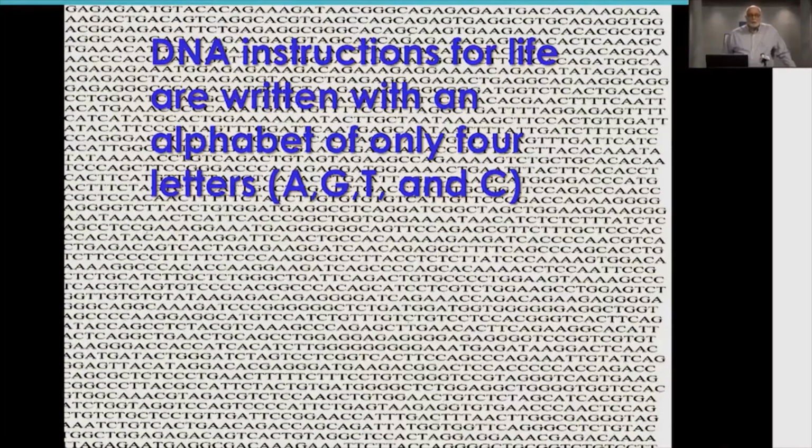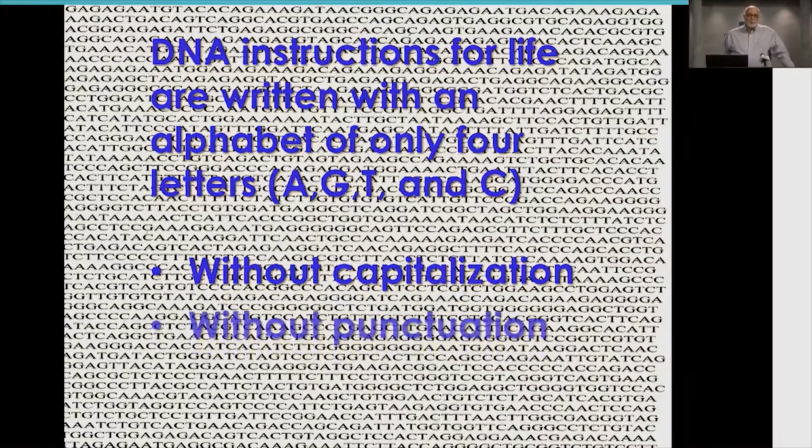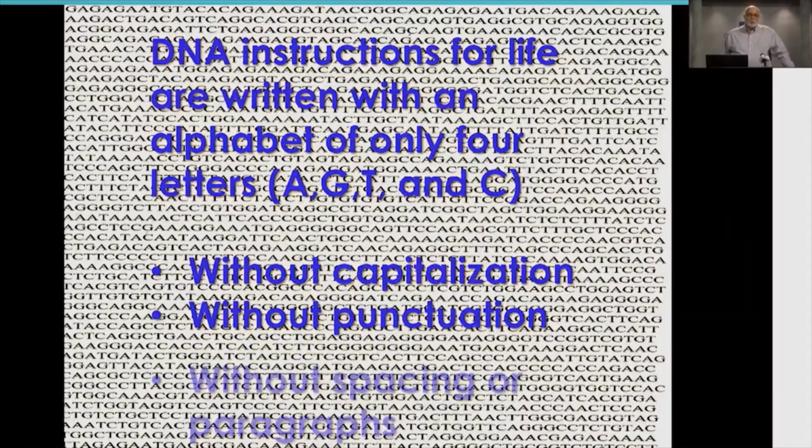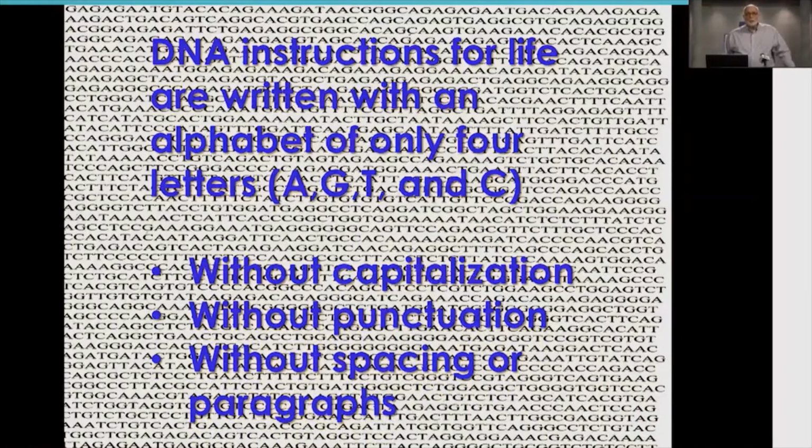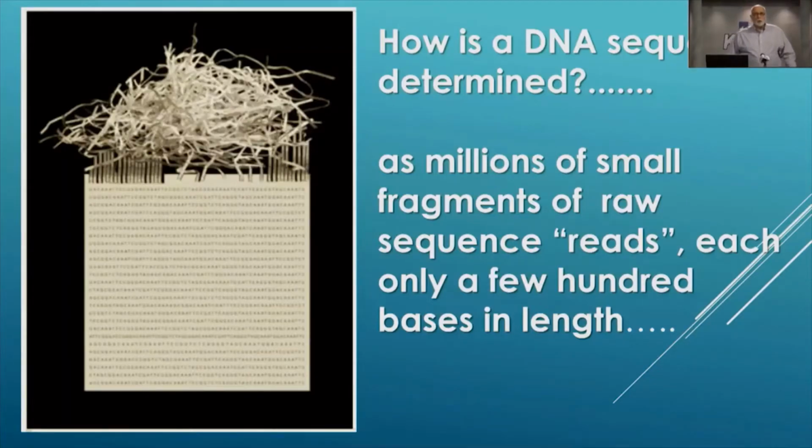The reason for that is these four bases, the A, G, T, and C, represent the alphabet of the genetic code, but they're written without capitalization, without punctuation, without spacing, without paragraphs. There's no indication in the DNA sequence itself of its function. That is the role of genomics.